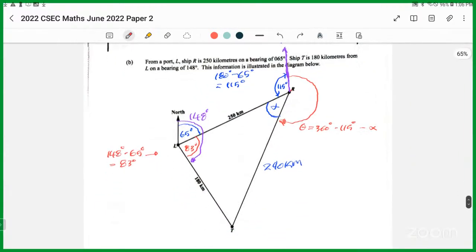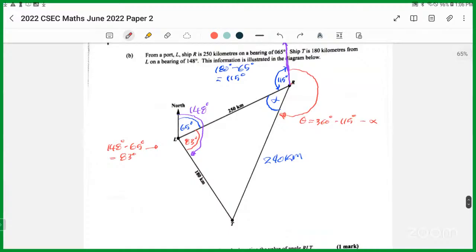Let's put the sine rule for alpha right down here. To find this alpha, we're going to use the sine rule.